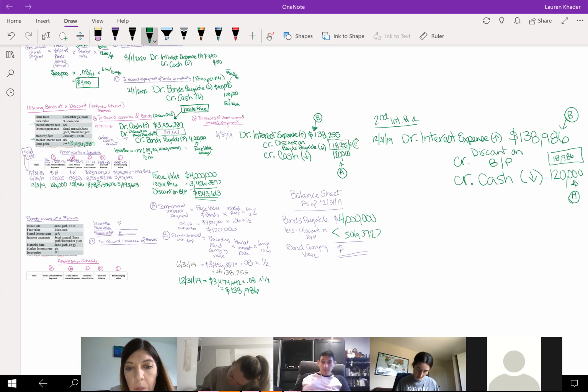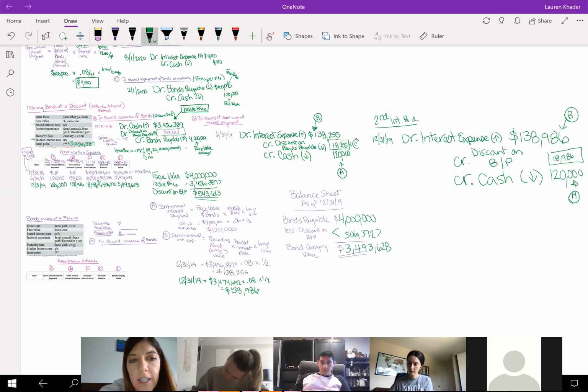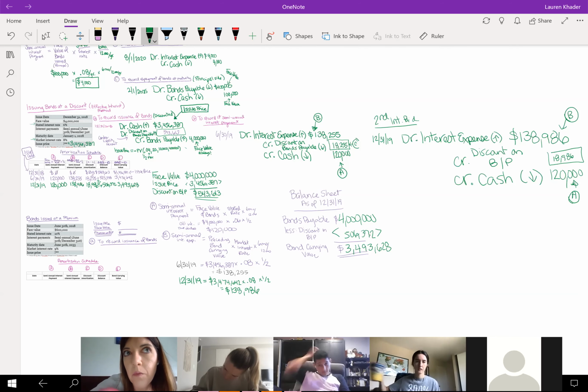So the bond carrying value at December 31st, 2019 is 3,493,628. If I was to show 2018, you would have seen the 3,456,387. So slowly over time, the liability is going to be increasing because we're amortizing and reducing the discount.